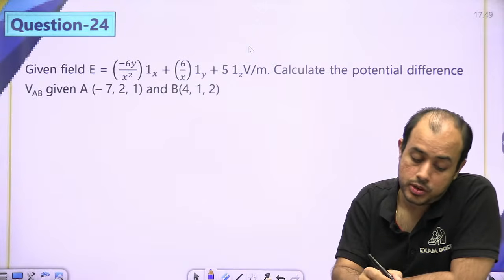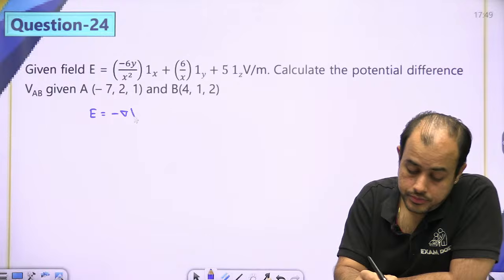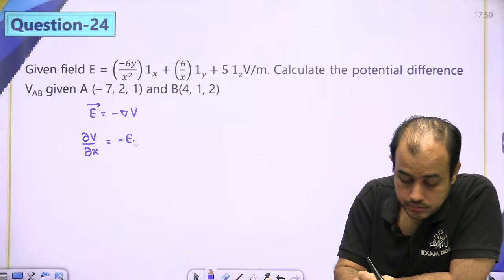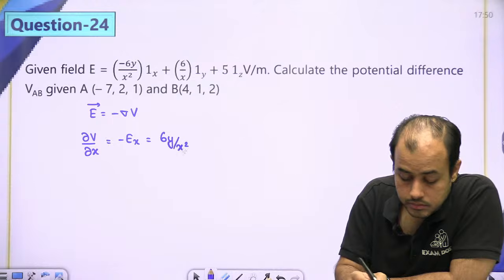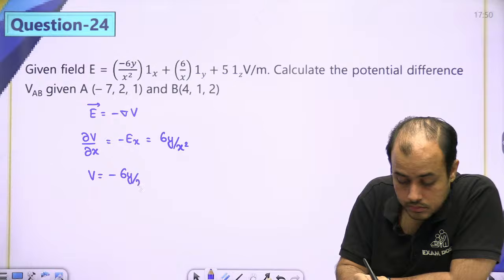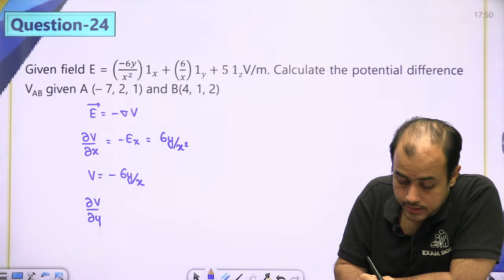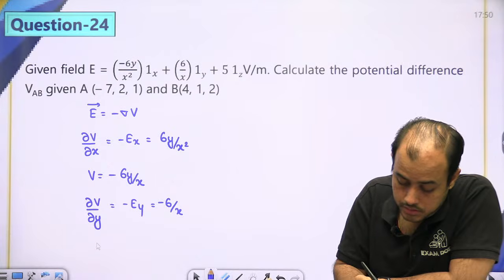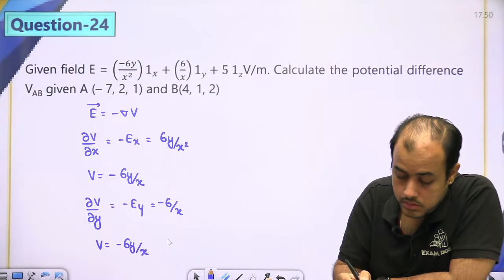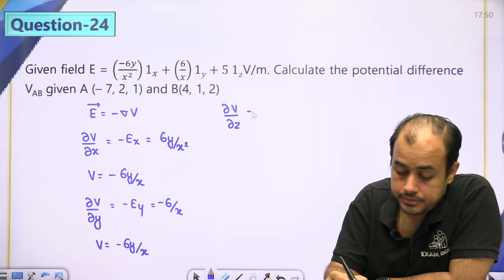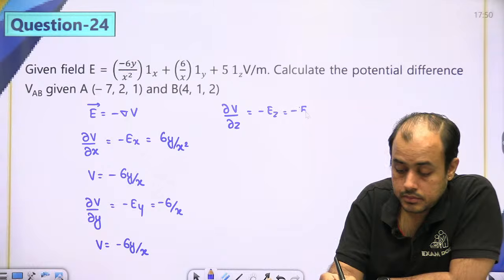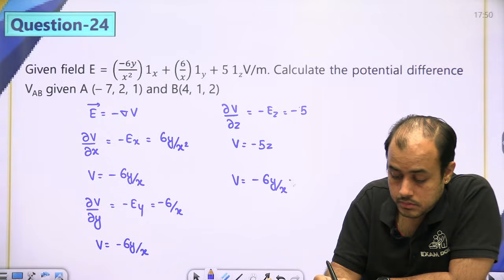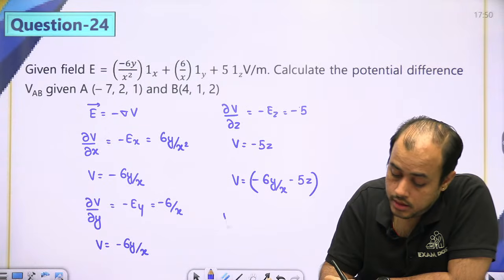Electric field is given. I need the potential difference. Del V by del Y. Del V by del Z. Now VAB.